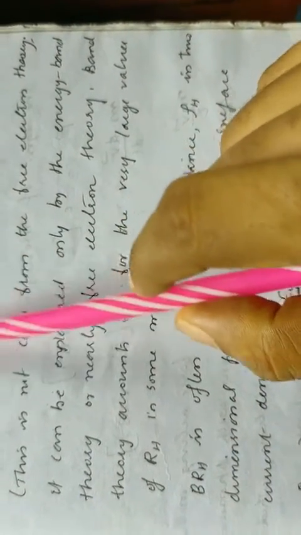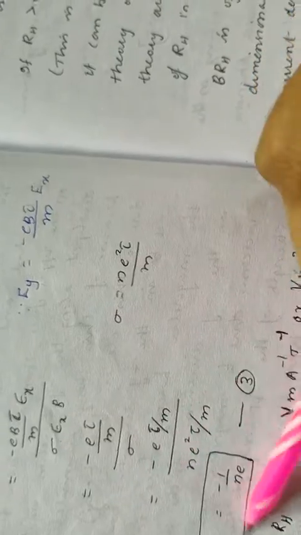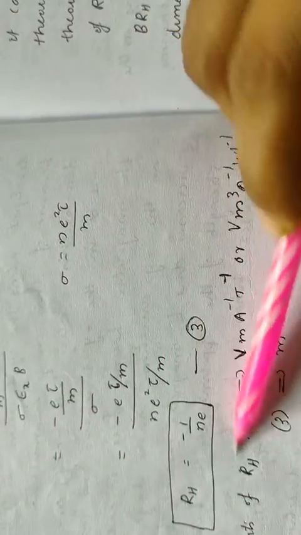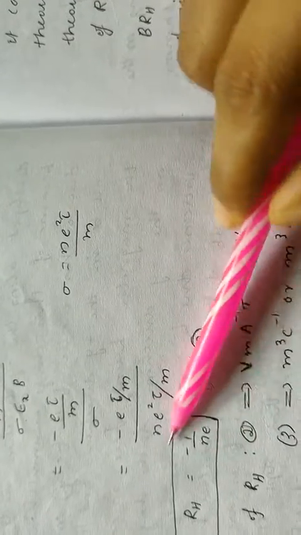If RH is less than 0 the carriers are electrons, since a negative sign is already included in the equation considering the negative charge of the electrons.